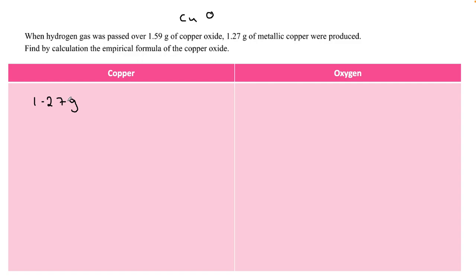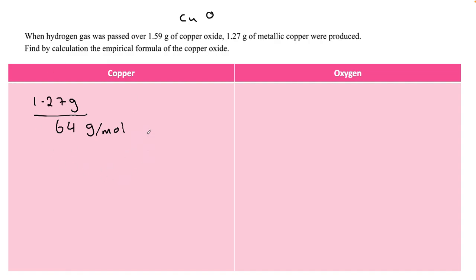So we're going to need to divide this number, 1.27 grams, by the molar mass of copper, which is 64. So I'm going to divide that by 64 grams per mole.